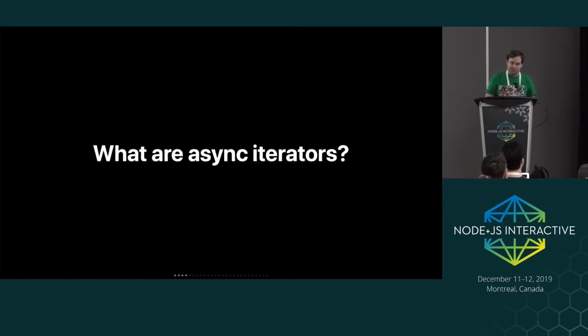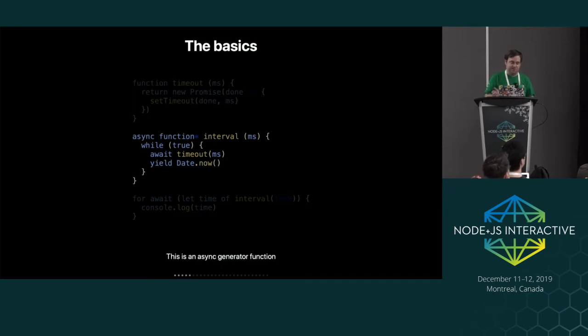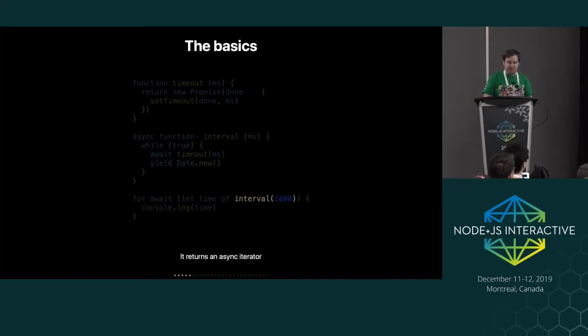So what are async iterators? It mashes the async function system and the generator function system into one thing. Special signature: you have both the async symbol and the asterisk, so you can await stuff and you can yield stuff, and it just returns an iterator that you can do a for await loop over.